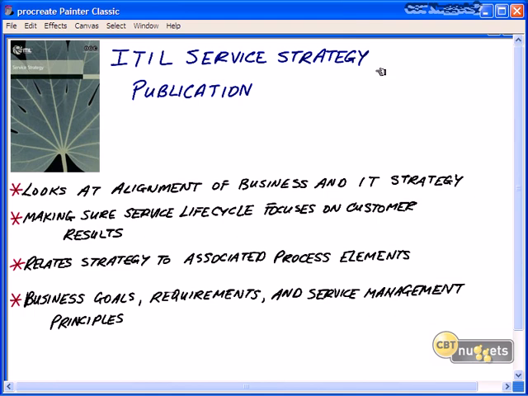So service strategy looks at alignment of IT and business. You want to make sure that your service life cycle focuses on customer-centric results. That's what we focus on in service strategy. The strategy is to associate the different process elements to IT and to put into place solid business goals, requirements, and service management principles. These are the 4 key areas looked at in the Service Strategy book.